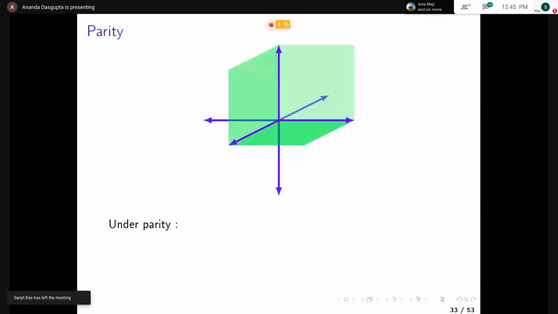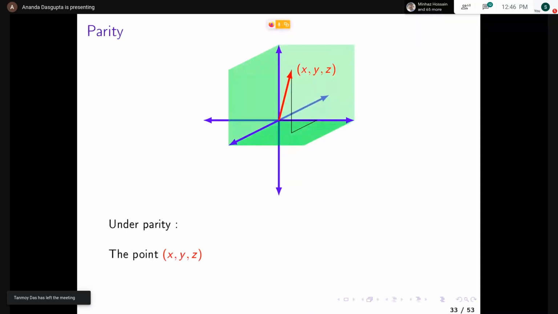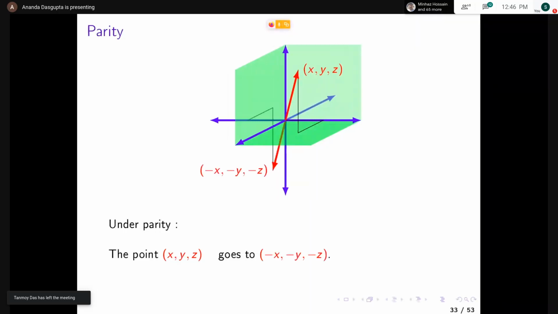Now, it's all right to talk about reflection, but we did mention parity at the beginning, also in the middle somewhere. So what has parity got to do with it? Well, parity is actually intricately related to reflection, in a way simpler than reflection. Parity is a mathematical operation where a point xyz in your coordinate system gets transformed to the point minus x, minus y, minus z.